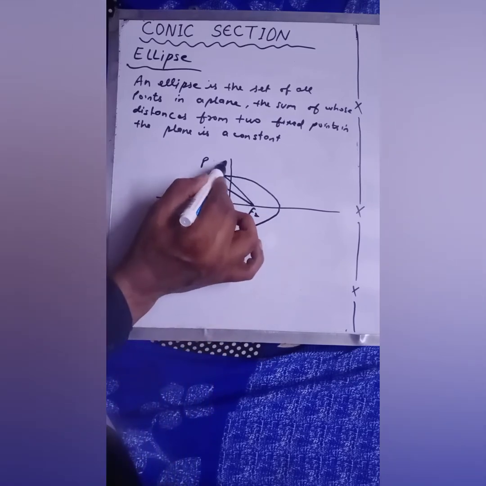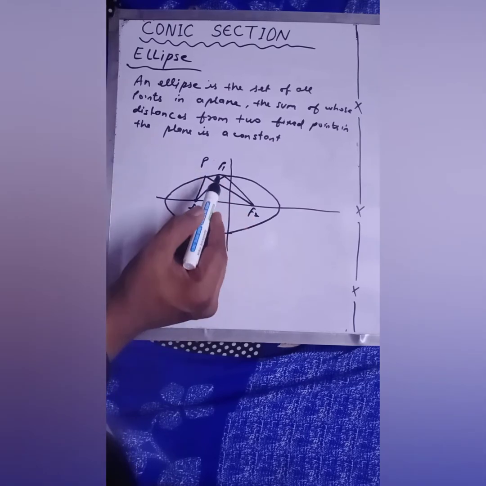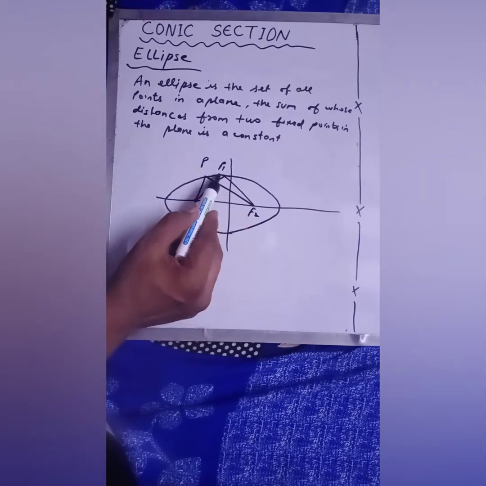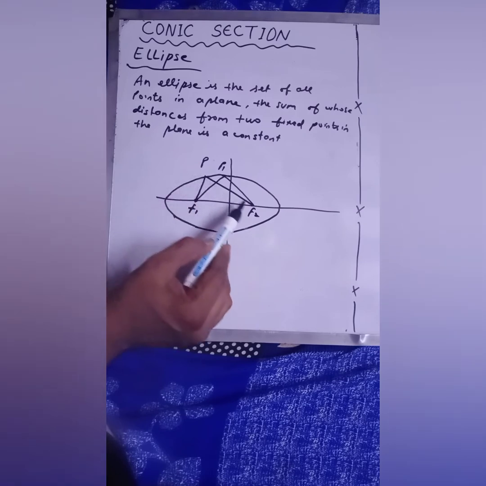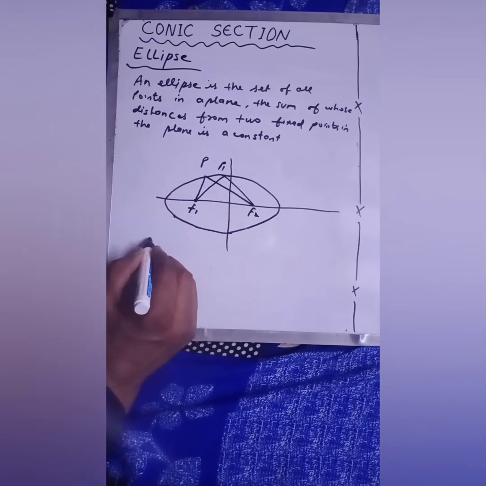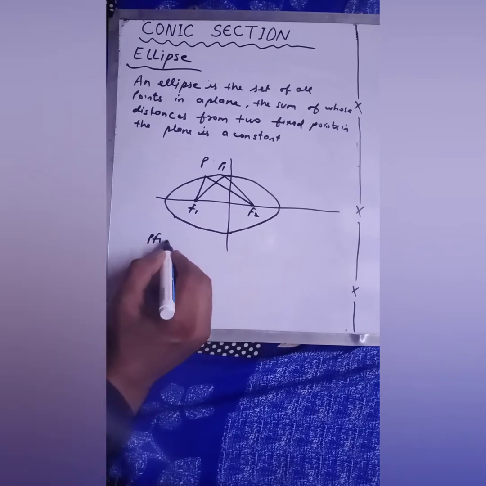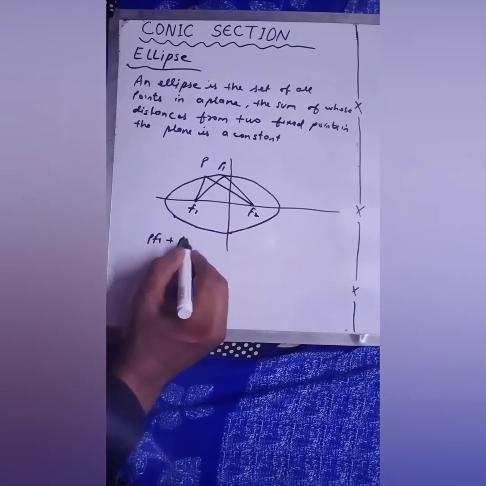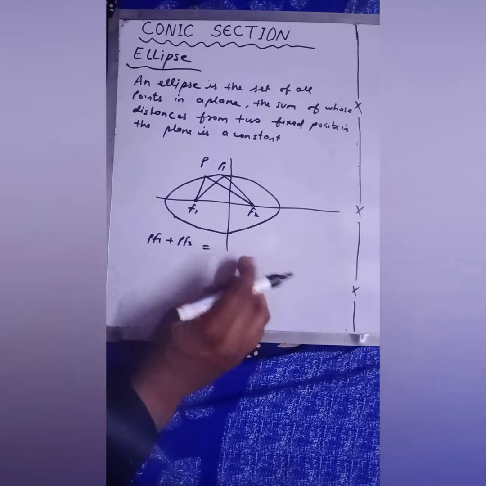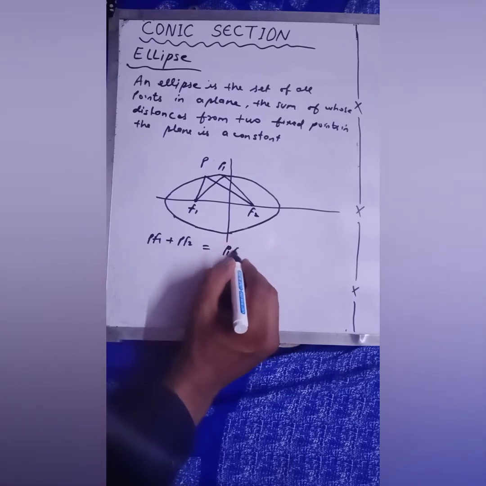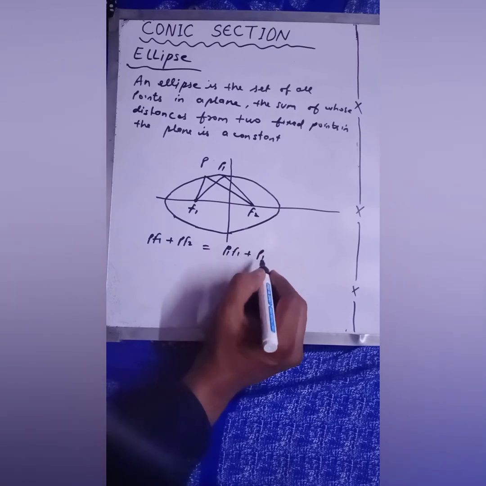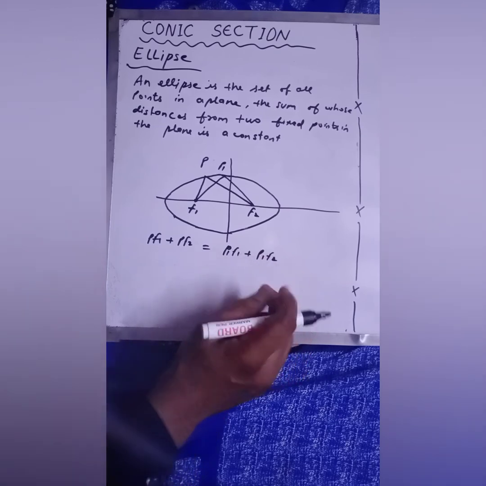Suppose here I'm taking point p1, so p1 f1 plus p1 f2, the sum of this distance will be equal to the sum of the distance p f1 plus p f2.